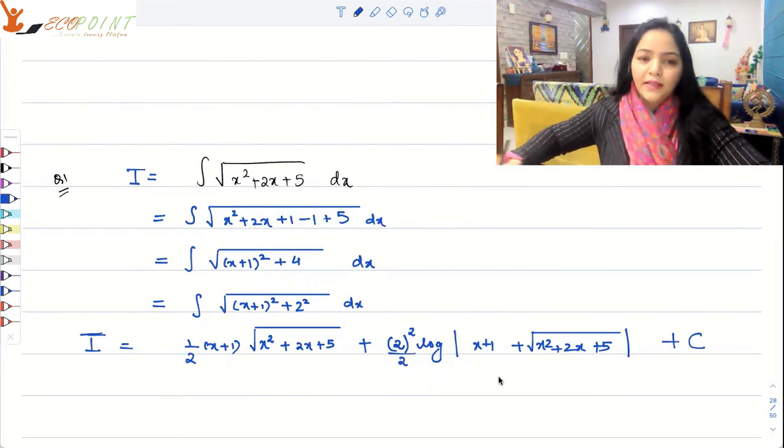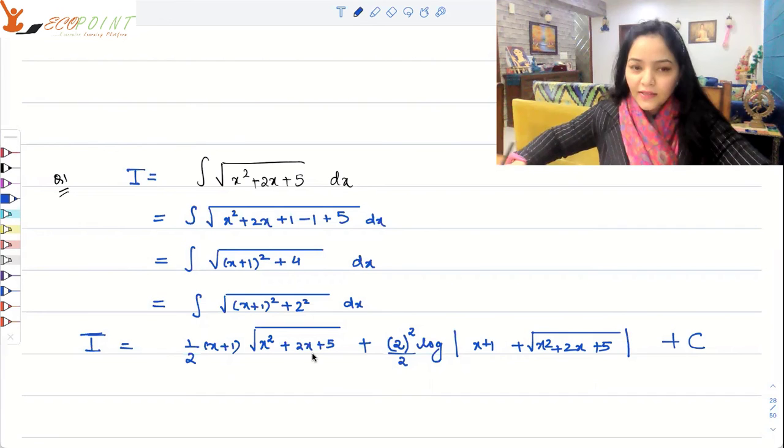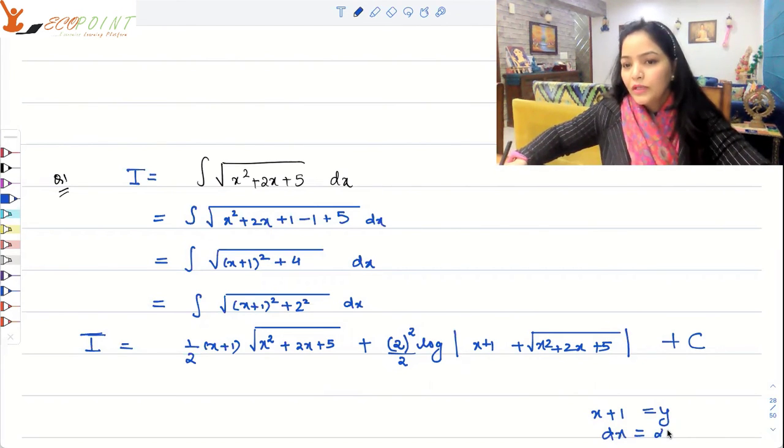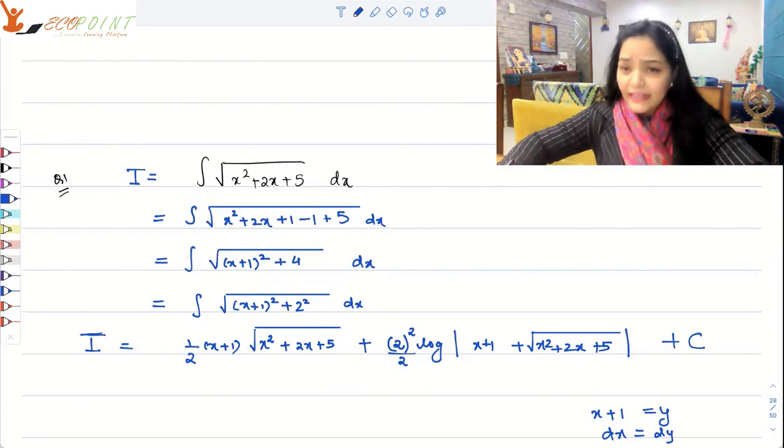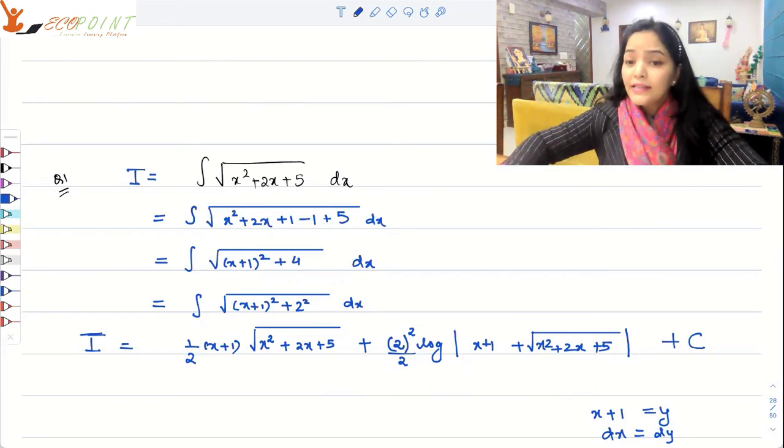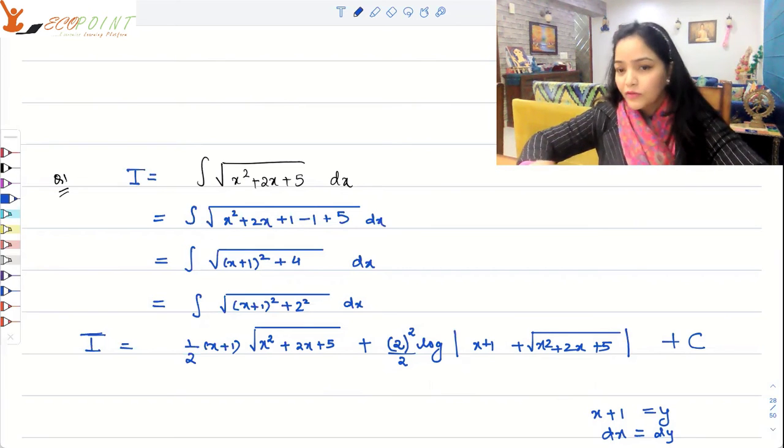Whole thing plus c. Now, why was I able to directly write in terms of x plus 1? Even if you take a transformation, if you take x plus 1 as some y, you will have dx equal to dy and nothing will actually change. In case there is some sort of change, then please take that into consideration while transforming.